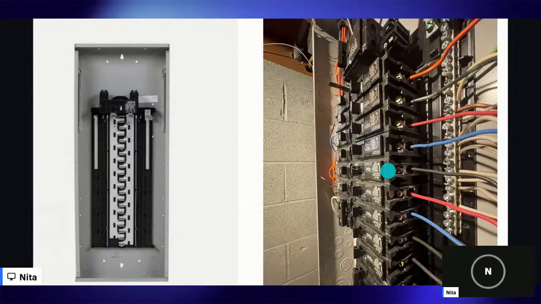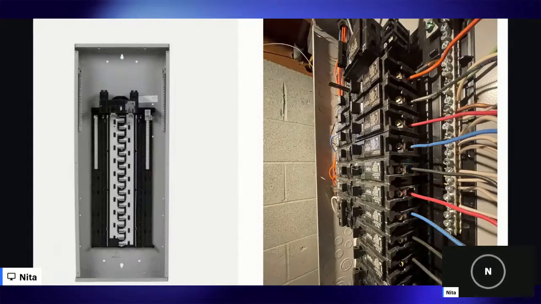We're going to clip on these breakers to this bus bar. These are our branch circuits here. That's how they're able to receive the power. Okay? The bus bars carry the power like a highway. Breakers are the ramps that connect to the highway to send the electricity to each circuit.